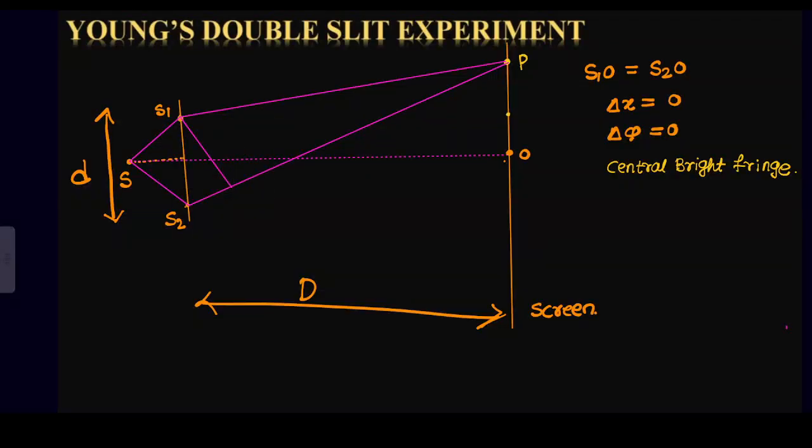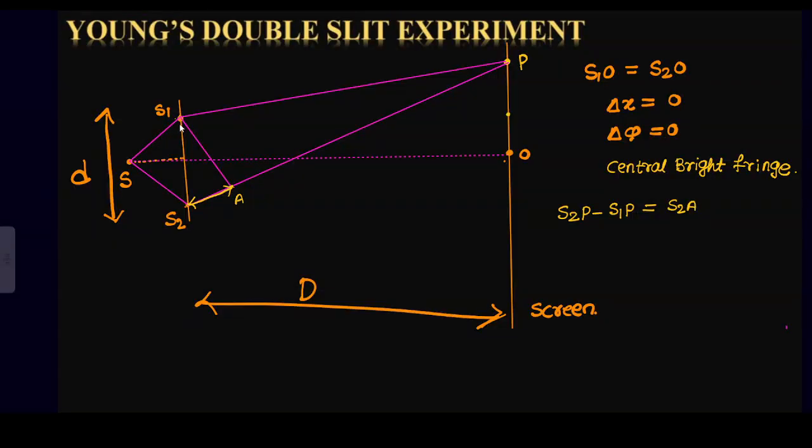If I call this point A, then S1P and AP are the same distance. But S2P is more, right? So S2P minus S1P is extra by S2A, this much. Yes or no, tell me.